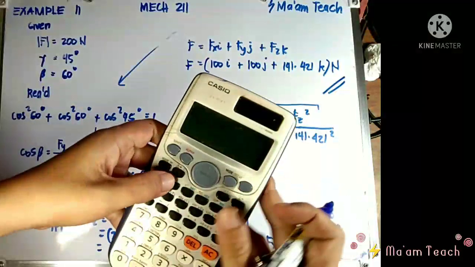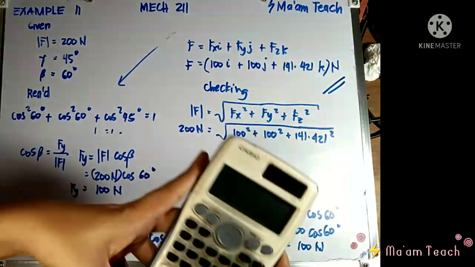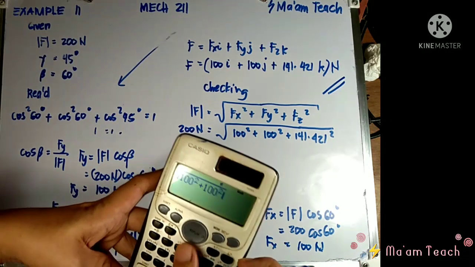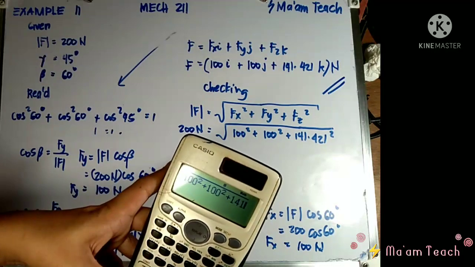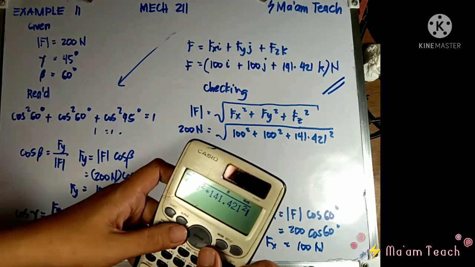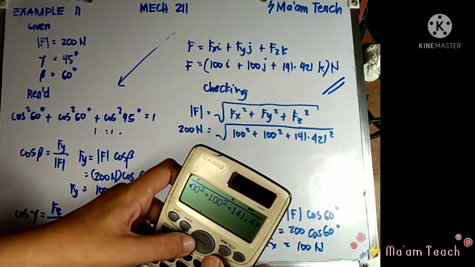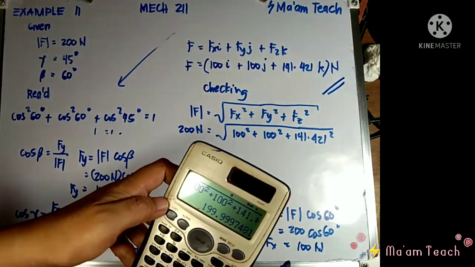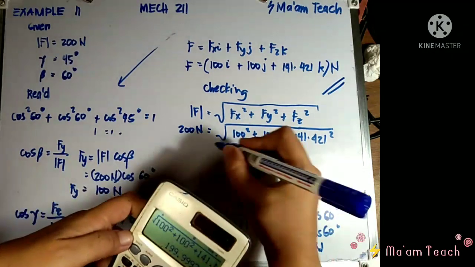Okay, so let's check. Square root of 100 squared plus 100 squared plus 141.421 squared. Is it correct now? Okay, so 199.9997.